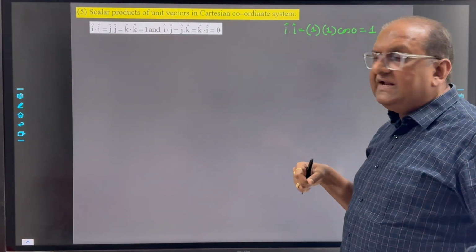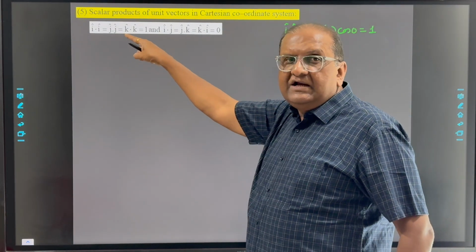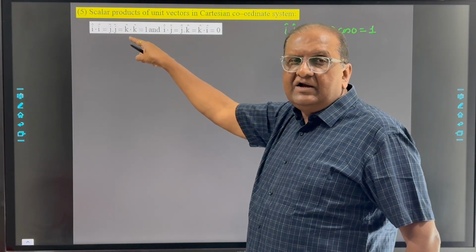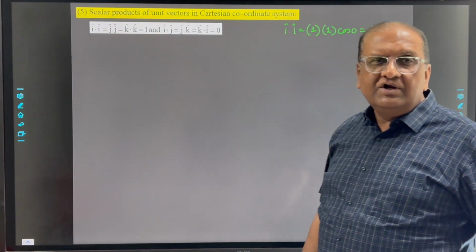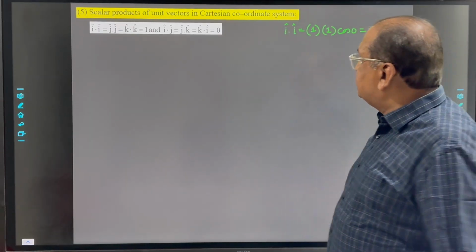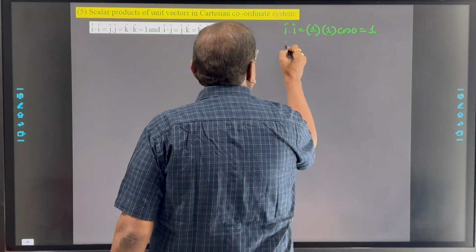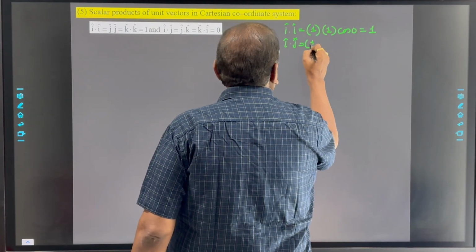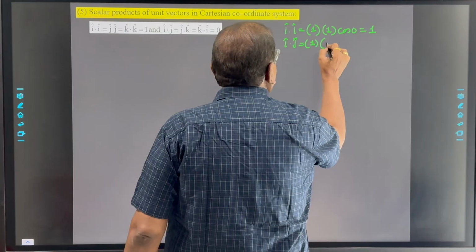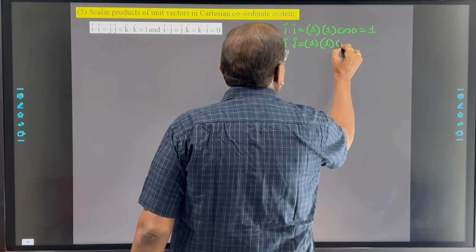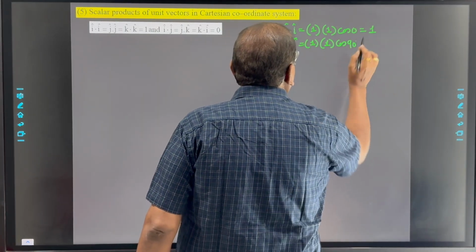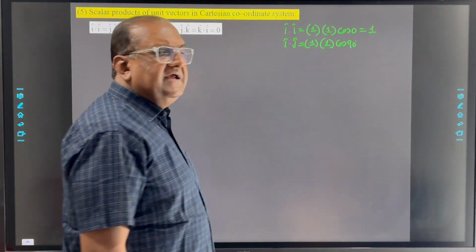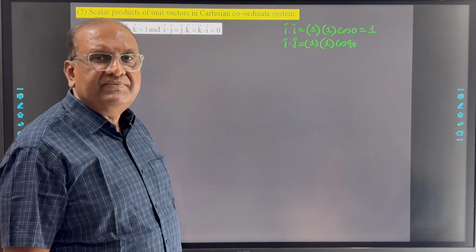So i caret dot i caret is 1. Similarly, we can write j caret dot j caret and k caret dot k caret are also equal to 1. But suppose we take i caret dot j caret: magnitude of i caret is 1, magnitude of j caret is 1, and the angle between i caret and j caret is 90.